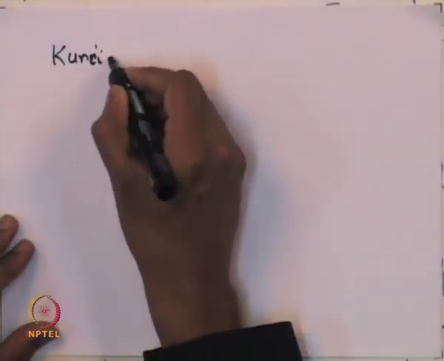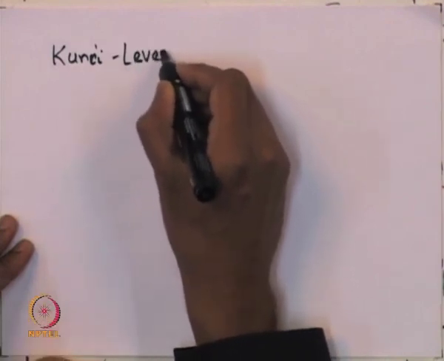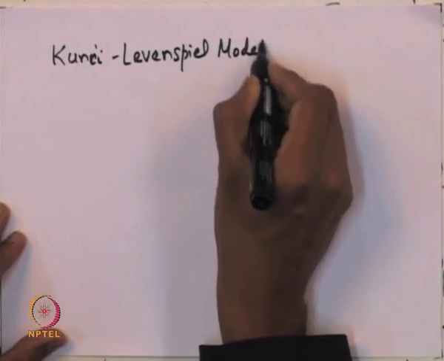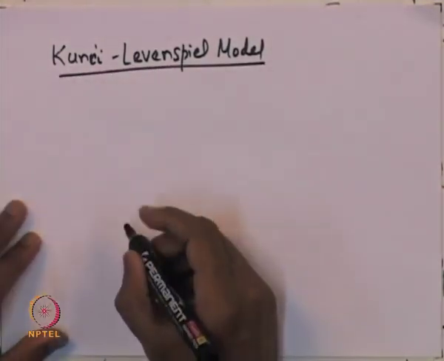So, these are the 5 different regimes that we described in the last lecture, and we initiated the discussion on the Kunii-Levenspiel model. The Kunii-Levenspiel model assumes that all particles are of the same size, and it assumes that the solids in the emulsion phase flow as though it's a plug flow.